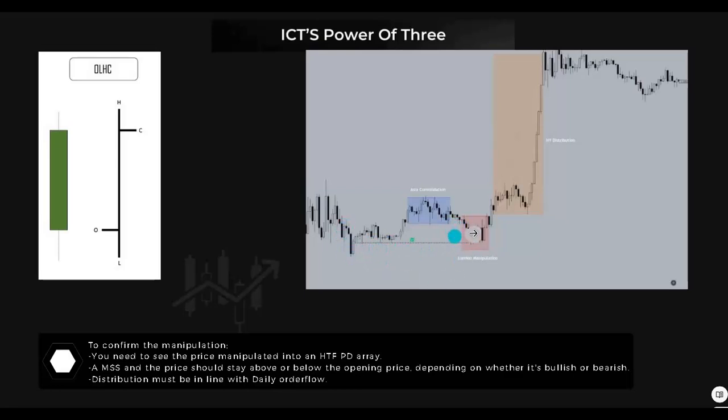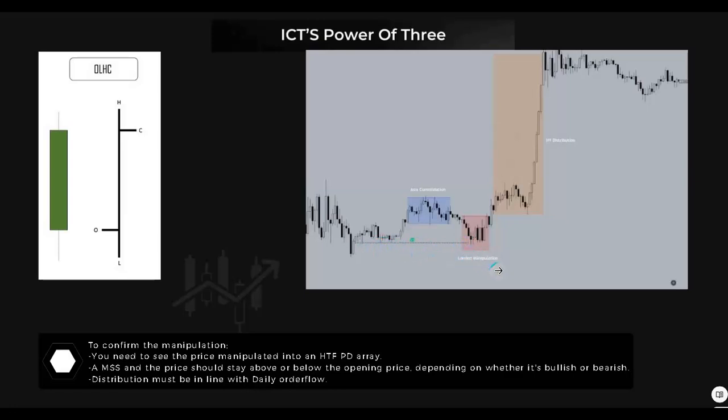So you'd look to enter on a lower time frame other than this main time frame right here. This could be the 15-minute time frame, and then you would look to catch your entry on the 1-minute or the 5-minute time frame. You could enter right when price manipulates right here, when price is triggering these relative equal lows.